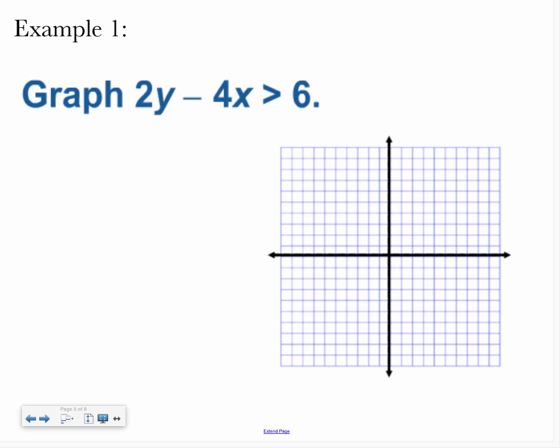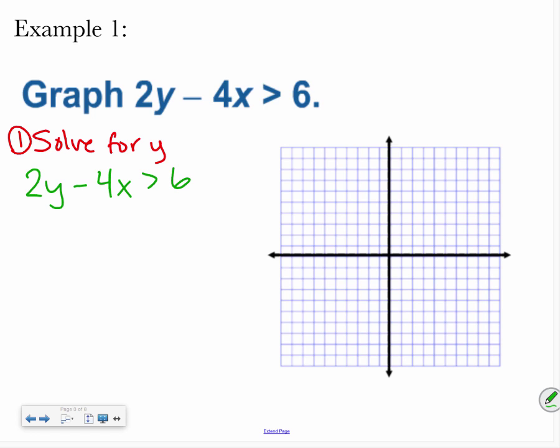Alright, so let's start by looking at graphing 2y minus 4x is greater than 6. The way that you solve this problem, your first step, you want to solve for y. So if I solve for y, and I have 2y minus 4x is greater than 6, I have to get y by itself, so I'm going to say 2y is greater than 4x plus 6 because I'm going to add 4x to both sides.